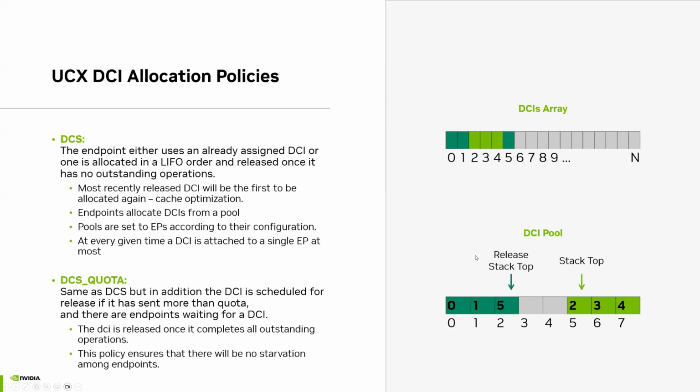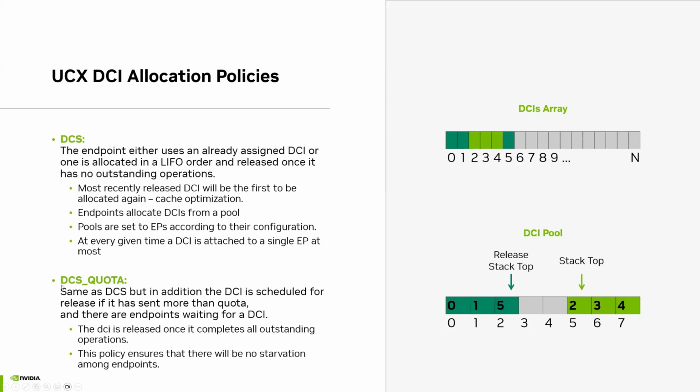The issue with it is that after an endpoint acquires some DCI, you can't really know, without setting some quota of usage, that you are not causing starvation for other EPs waiting for resources, as the DCI pool size is limited. Today it's, I think, 32 DCIs in each pool.